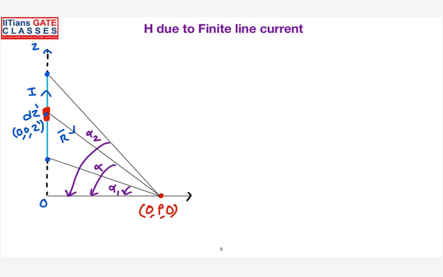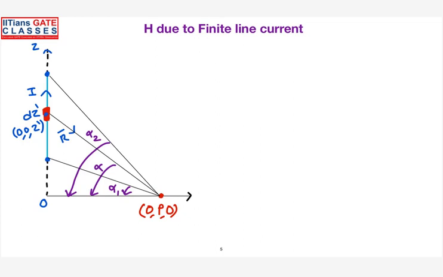The reason is Ampere's law is applicable for symmetrical surfaces and there should not be any discontinuity in the current. When you take an infinite line, you can assume that the current is infinitely flowing from one end to the other end, so there is no discontinuity at any point. In those cases only Ampere's law will be applicable.